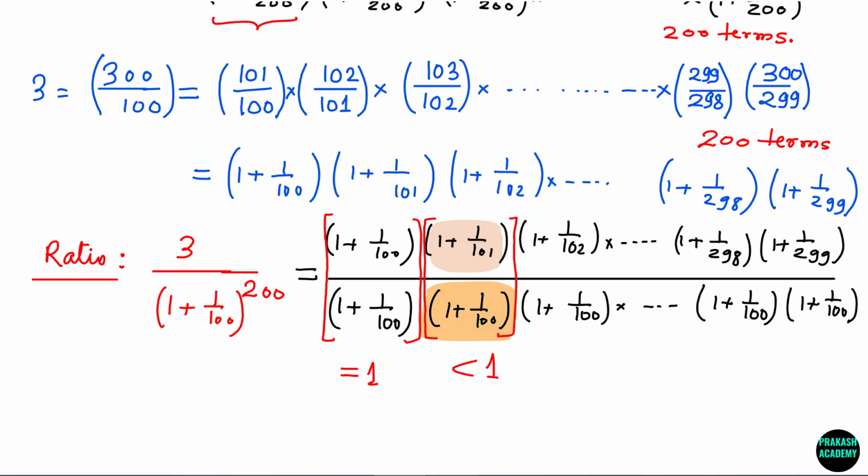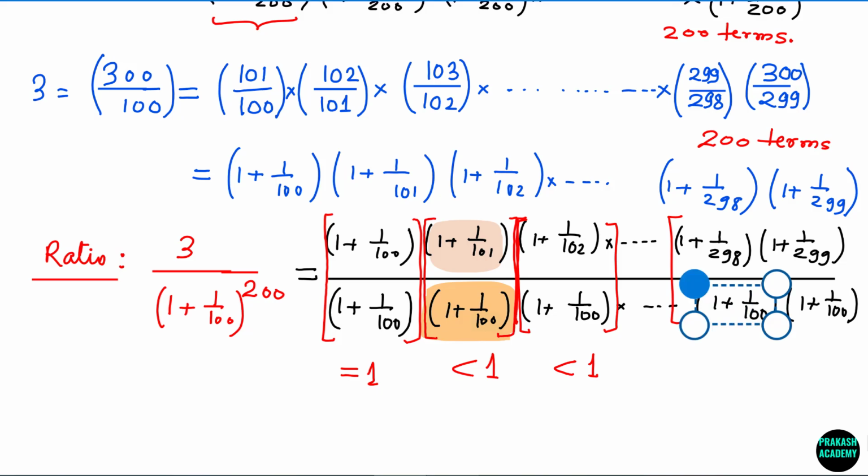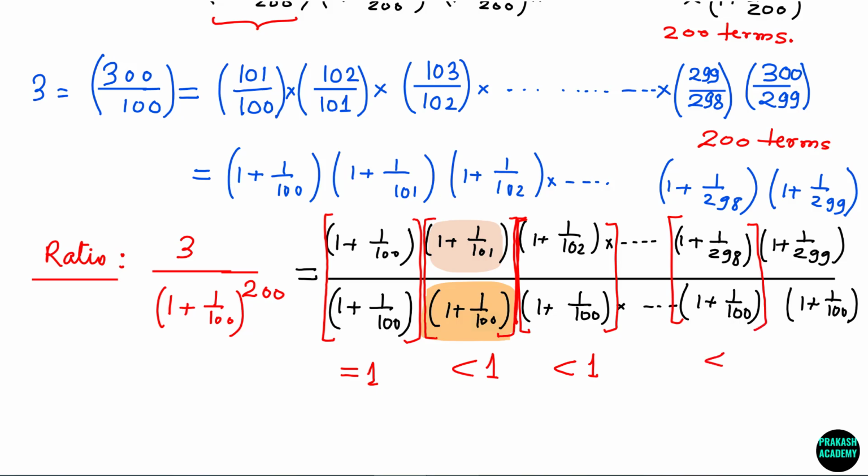Similarly, if you consider all the corresponding fractions, this fraction will also be less than 1. Similarly, this fraction will also be less than 1.